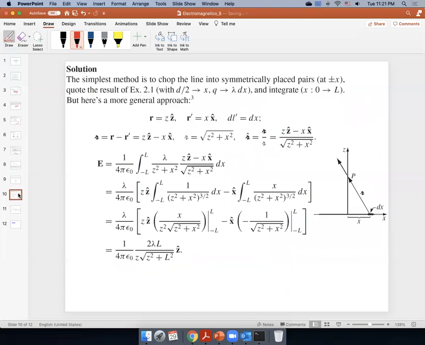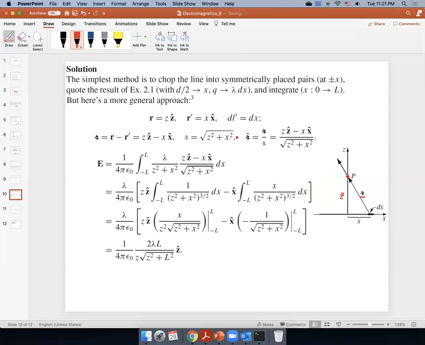Okay, first let's see what r is. For r, the position of the test point, it's z in the z direction, of course. Now, the important thing is the vector that describes the direction and distance between P and dl prime.